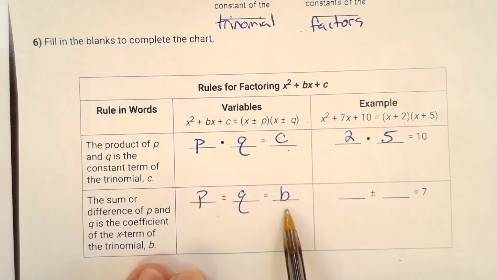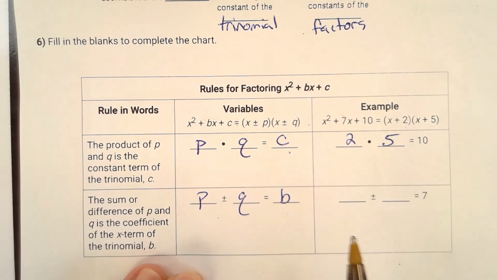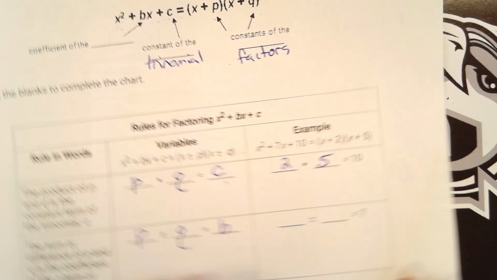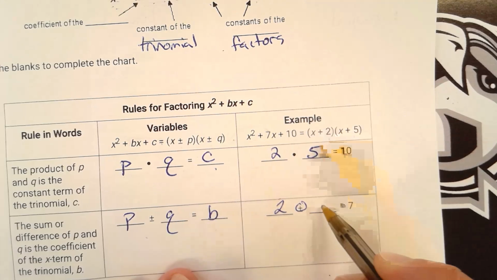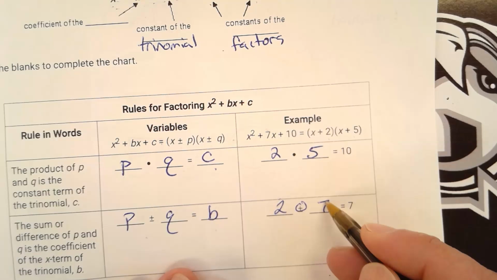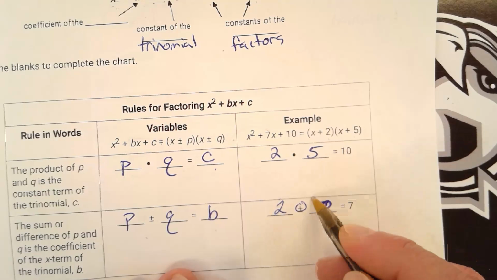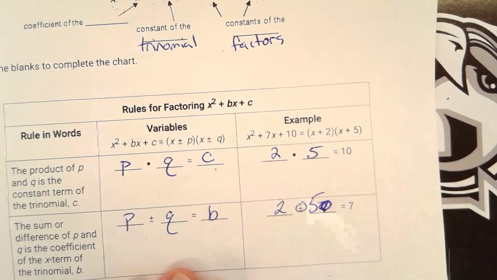Since they're both positive here, it's 2 plus 7. Oh, I'm sorry, plus 5, sorry. 2 plus 5. Is that okay?